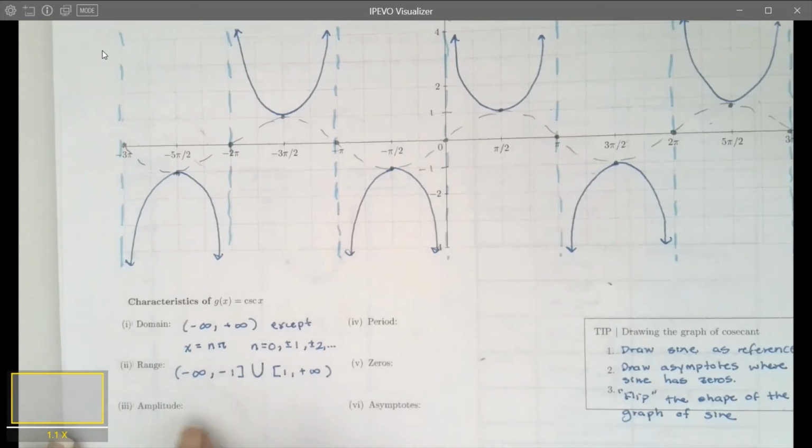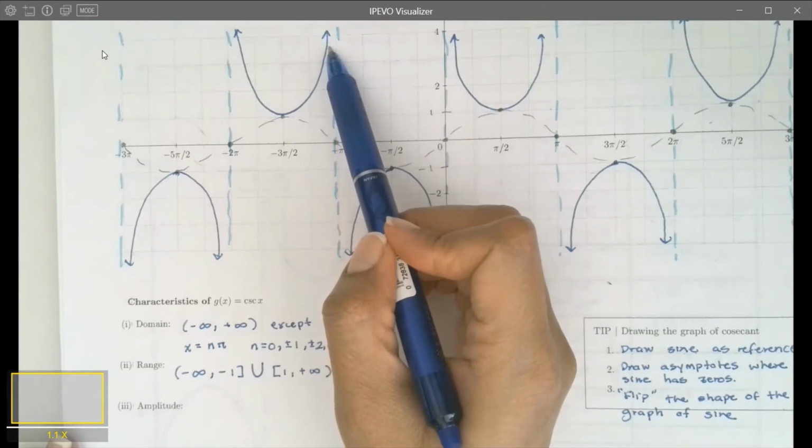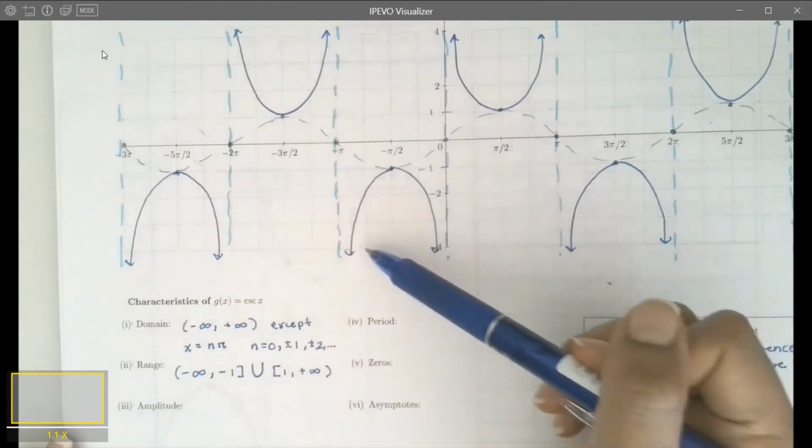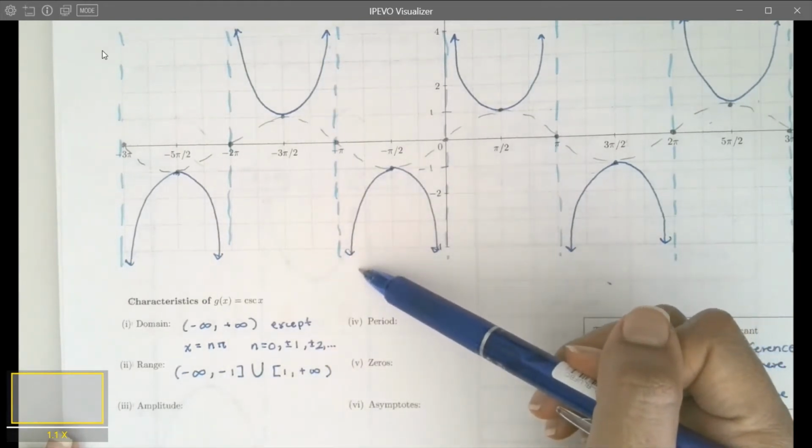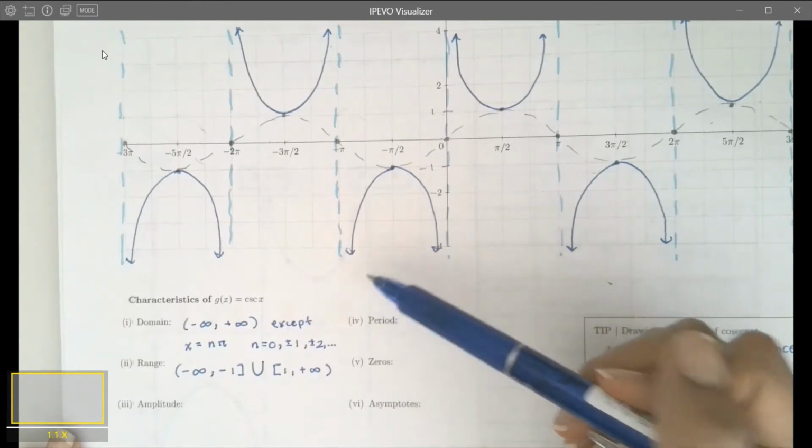Okay, what about amplitude? Well, amplitude would mean half the distance between the maximum y value and the minimum y value. But in this case, the maximum y value is never attained because this goes on to infinity. Same thing for the minimum y value. That is never attained because it goes down to negative infinity.